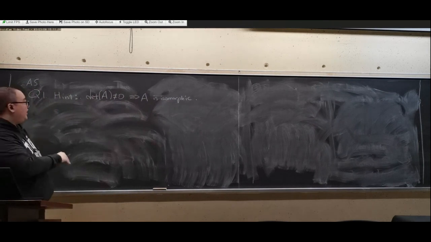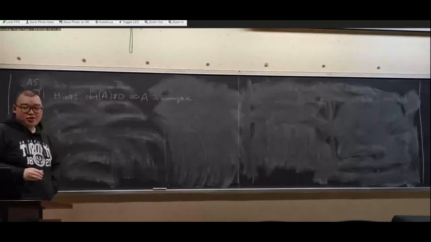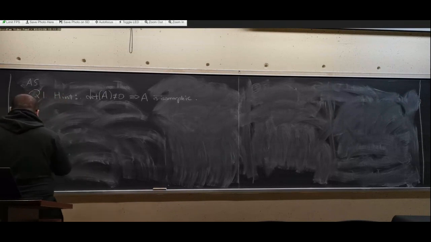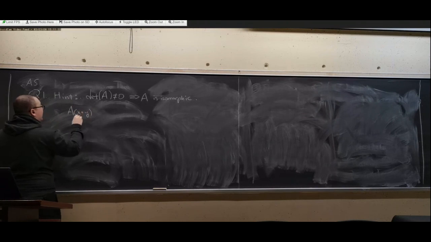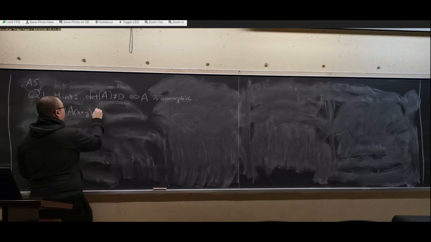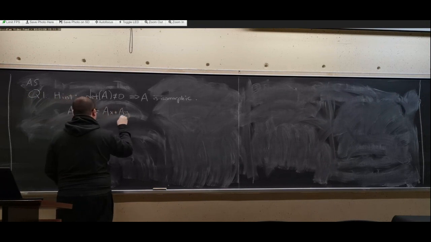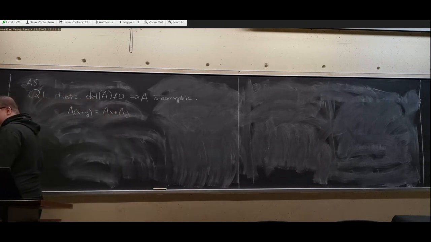If the determinant is non-zero, that means A is isomorphic. Well, if A is isomorphic, that means A of x plus y equals AX plus AY. But x, y, z are linearly independent. How does that work? So this is the hint for 1.